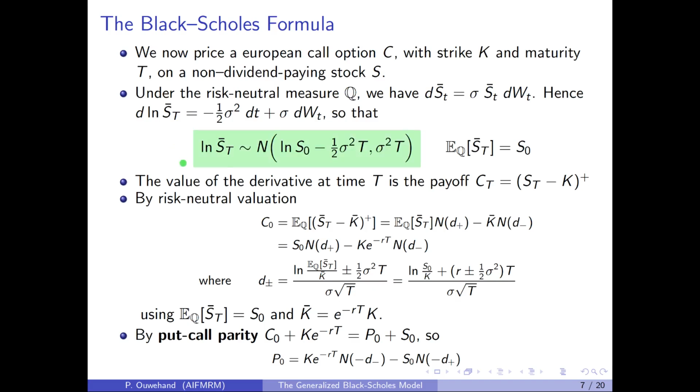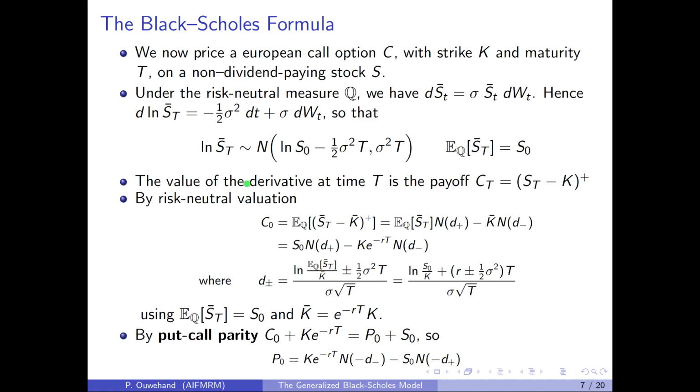And this stochastic differential equation is very easily solved simply by integrating both sides to obtain the following. The logarithm of the discounted terminal stock price is normally distributed with mean ln S0 minus half sigma squared capital T and variance sigma squared capital T. Because S bar is a martingale, its expectation under the risk neutral measure is S0.